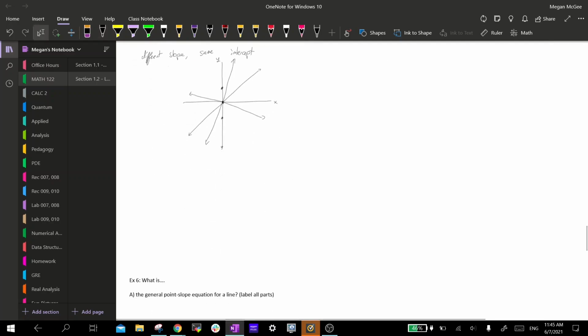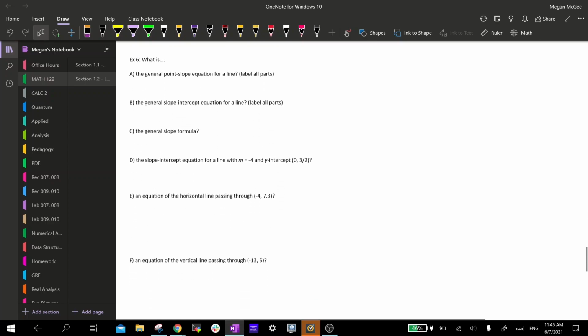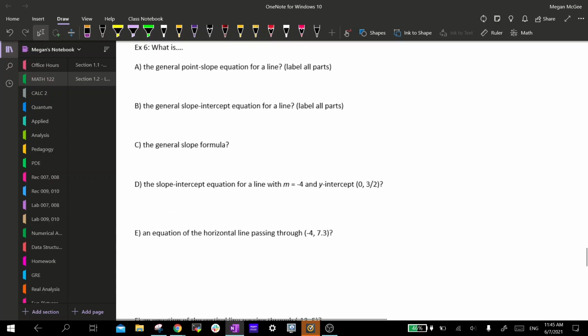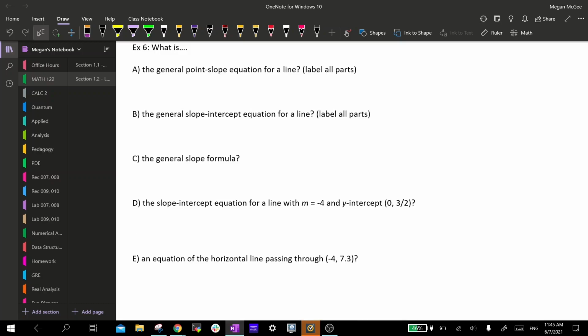All right, so example 6, a bunch of little small problems all together. Just asks us some general equations, just as kind of a summary of what we've captured today. So the general point slope formula for an equation, well, that is our y minus y naught is equal to m times x minus x naught. And it asks us to label all of the parts.